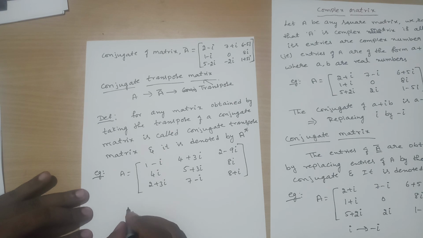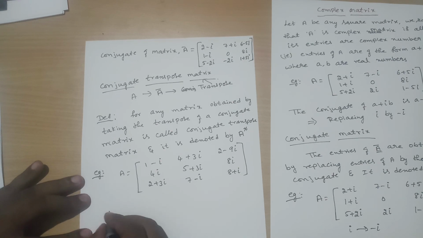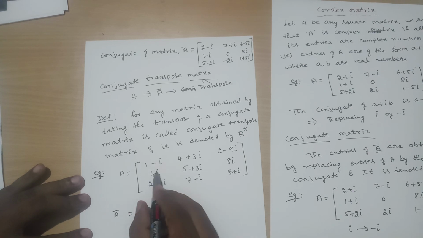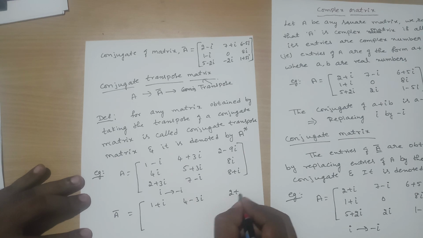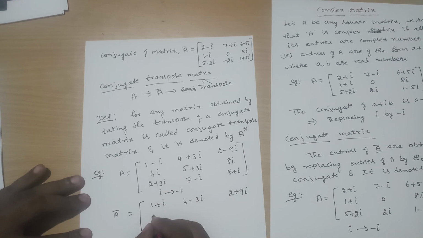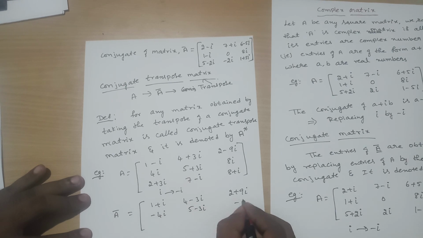Now I have to find the conjugate matrix, where i is replaced by minus i. So what do we get here? 1 plus i, 4 minus 3i, 2 plus 9i, and here minus 4i, 5 minus 3i, minus 8i, 2 minus 3i, 7 plus i, and 8 minus i.